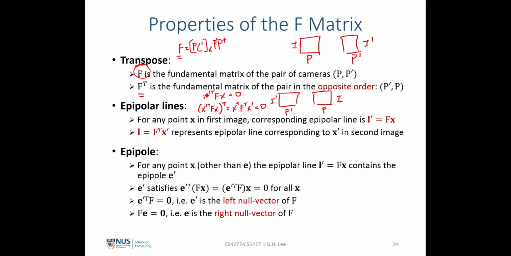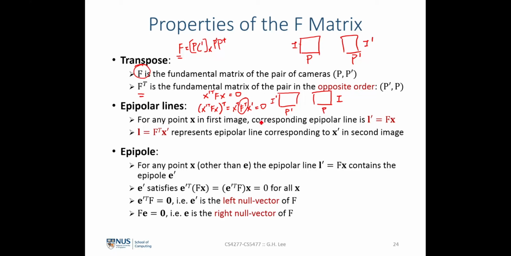Previously, the first point belongs to the second image, which is X prime, and the second point is the image correspondence in the first image, denoted X. Once we do this transpose, the first point, which corresponds to the second image, becomes X, and the correspondence in the first image becomes X prime, and hence the corresponding fundamental matrix becomes F transpose, as we have claimed earlier on.